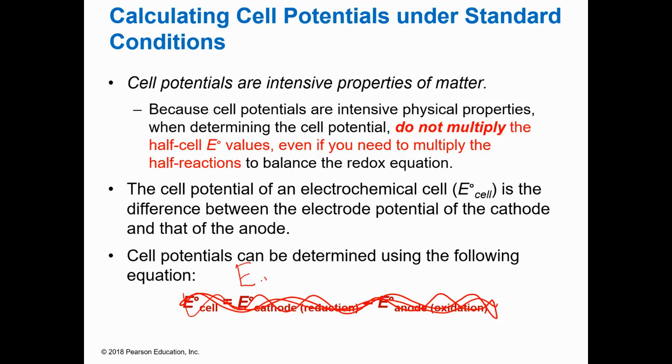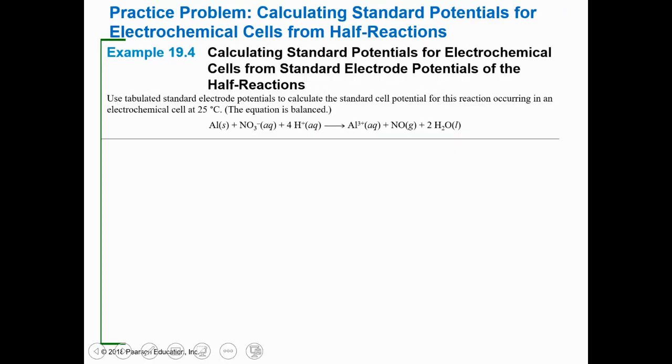I like E cell is equal to, okay, and the way we're doing this positive is because when we flip that oxidation, it's going to change the sign for us. In the bottom one, they're not flipping it, but we're going to go ahead and flip them because it's easier to remember. You're not getting messed up with negatives, anything like that.